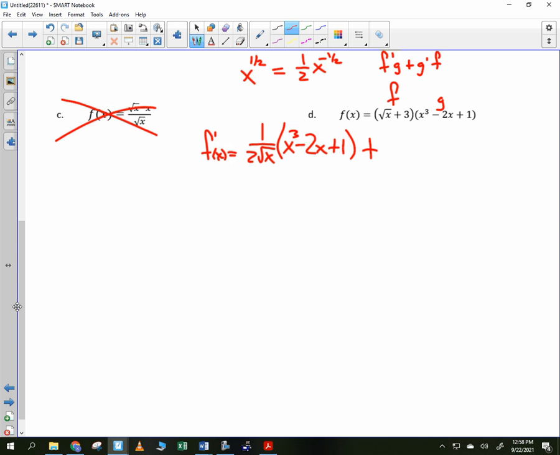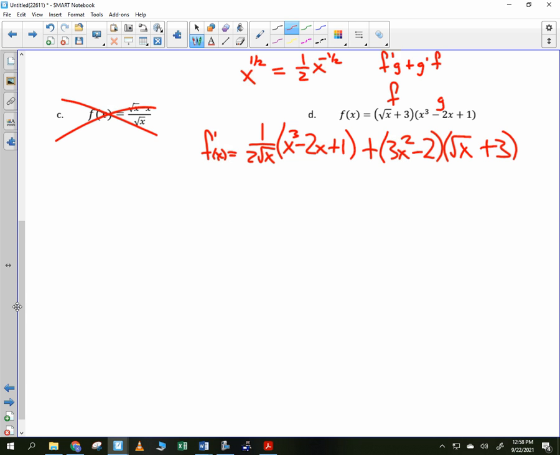Now what do I do? Derivative of the second function, derivative of g. What's the derivative of g? Minus 2. Good. Times what? Square root of x plus 3, the original function.